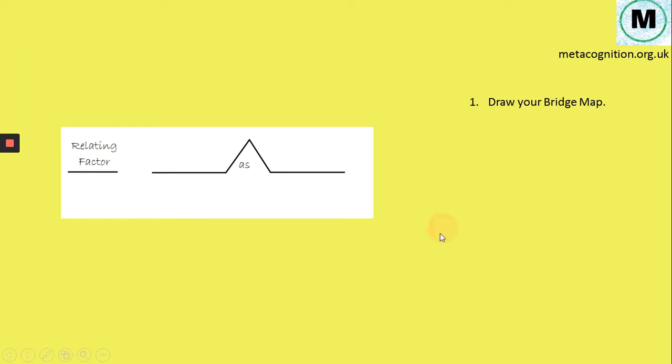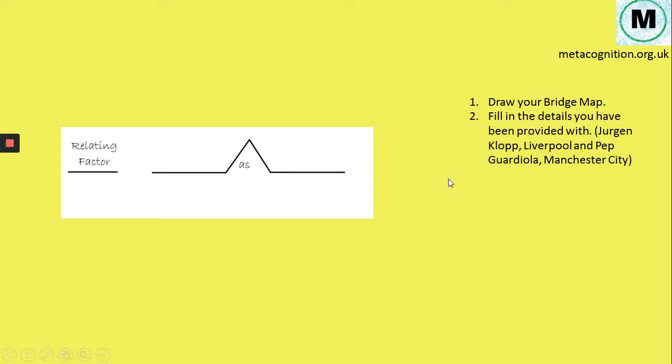So how do we do this if we've got to do this on our own? Well, the first thing you do is you draw your bridge map. This is one if you were comparing two different factors. Of course, if you were comparing more, you'd have to put in another triangle there and an extra line. Then you fill in the details you've been provided with. For this one, we've got Jurgen Klopp, Liverpool manager, and then we've got Pep Guardiola, Manchester City.